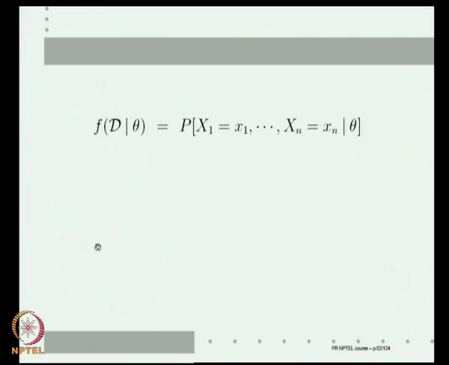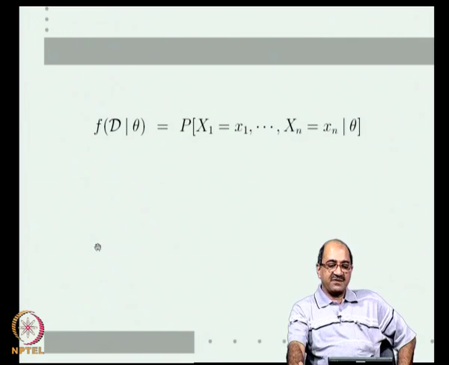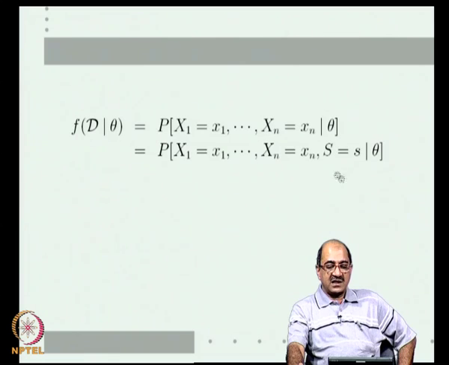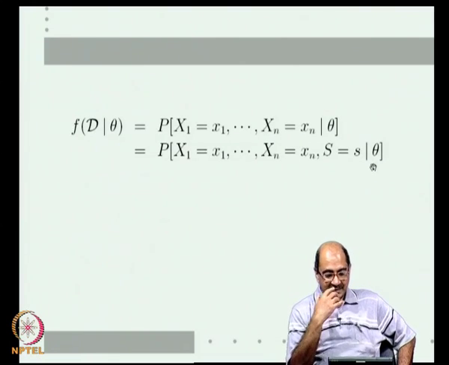Okay. What is it to show? We are assuming that S is sufficient and showing that the likelihood function factorizes. So, this is the likelihood function. Because we are considering the discrete random variable case, it will be probability X1 equal to x1, Xn equal to xn, where theta is the parameter. This, as we have seen, can be written as the same probability with S equal to s, conditioned on theta.